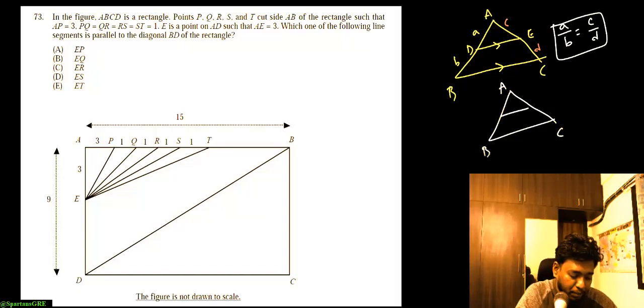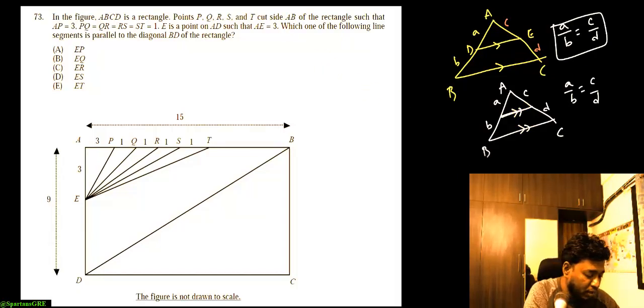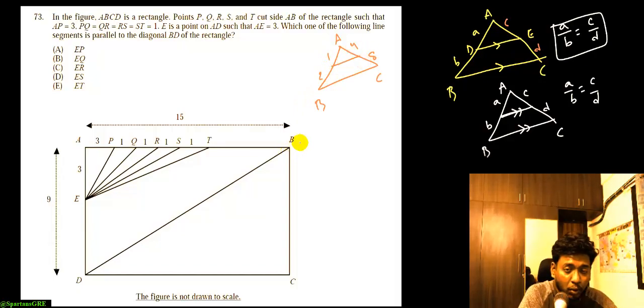If I say this one is A and this is B, if this is C and if this is D, if I find that my A by B is equal to C by D, then I can say this line is parallel to this line. For example, if I take a triangle like this, A, B, C, I have a line like this. It is given that this is 1:2 and this is 4/8. Now I can say that this line is parallel to this line. Why?